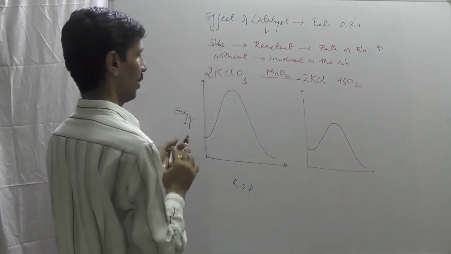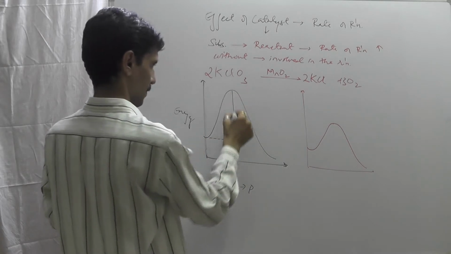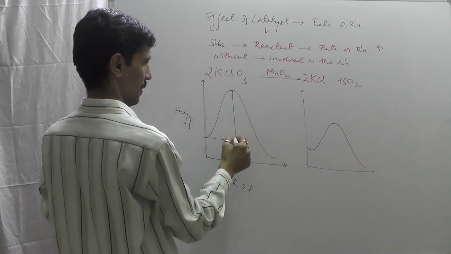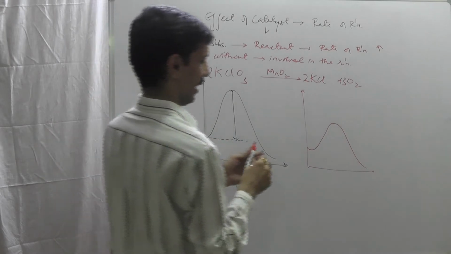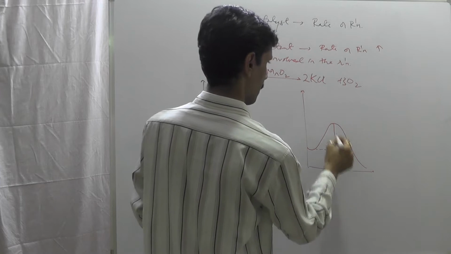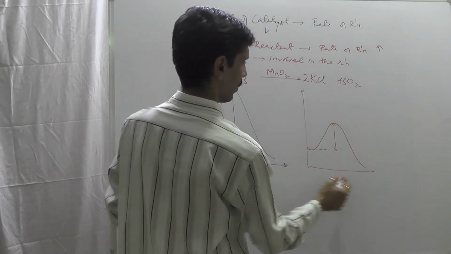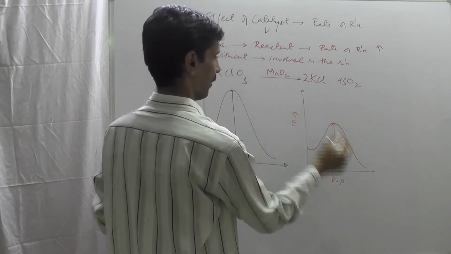So have a look now. If you consider this reaction, and if you consider this reaction, this is the progress of the reaction, and this is of course the energy.